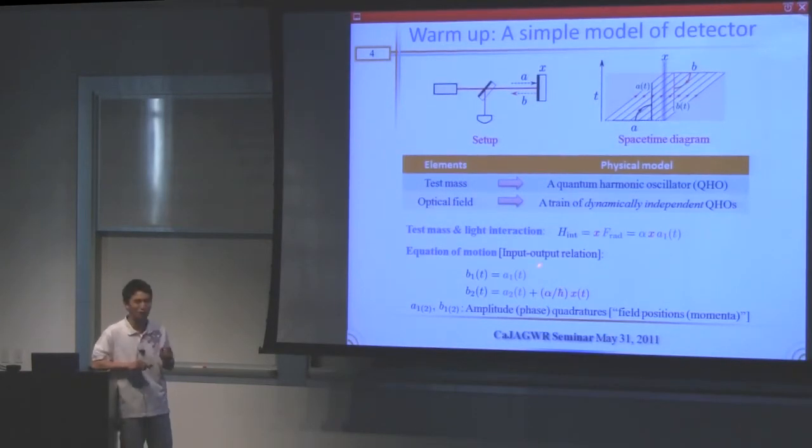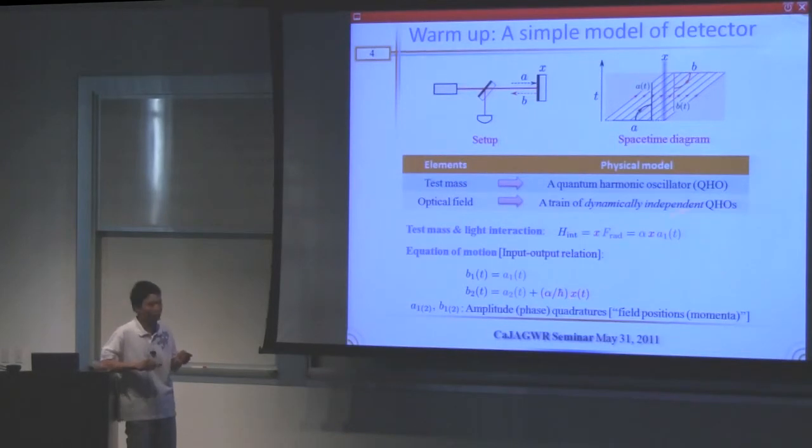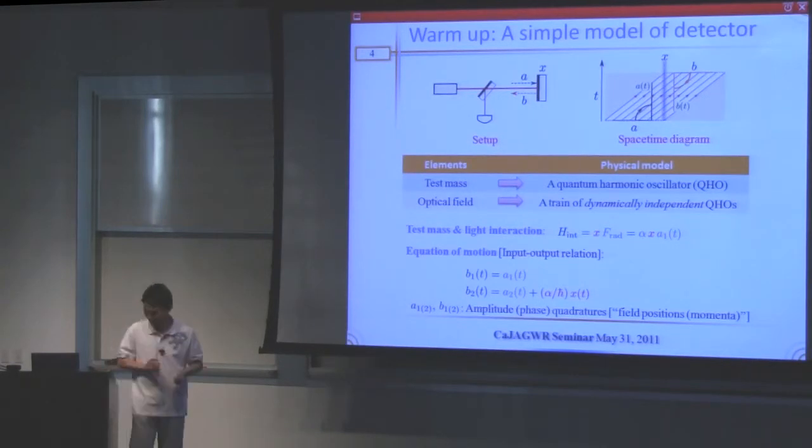Then what the equation of motion is, is kind of obvious. Basically, the momentum of the optical field gets an instantaneous kick. This corresponds to momentum: you get a shift which is proportional to the position of the harmonic oscillator, right? And then the position doesn't change, right?